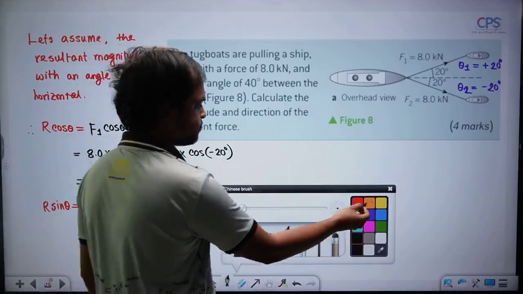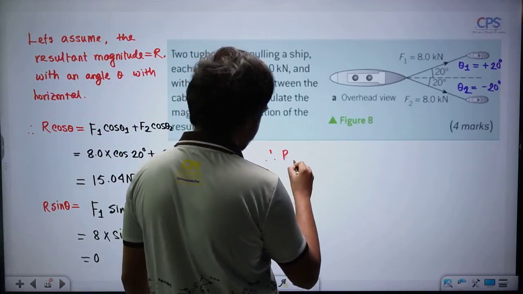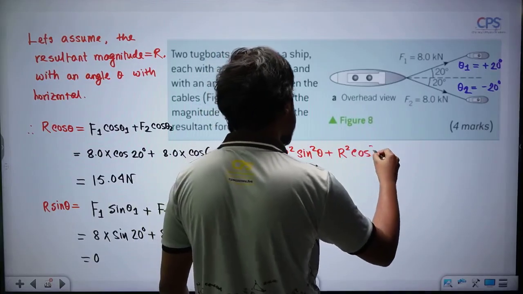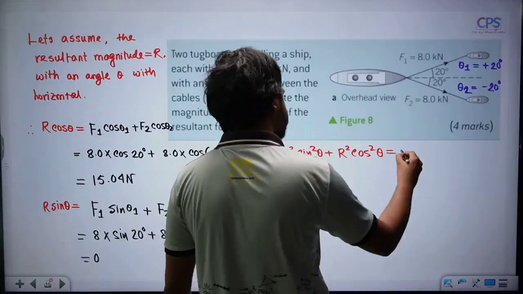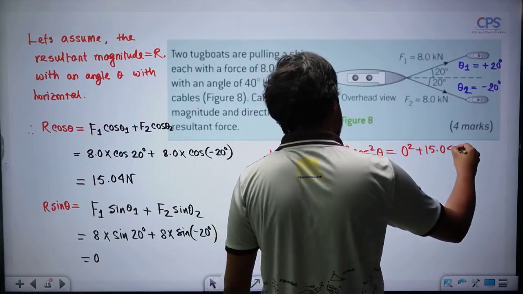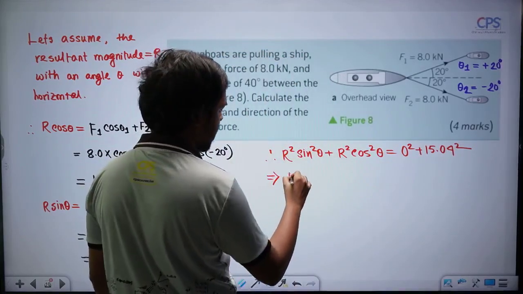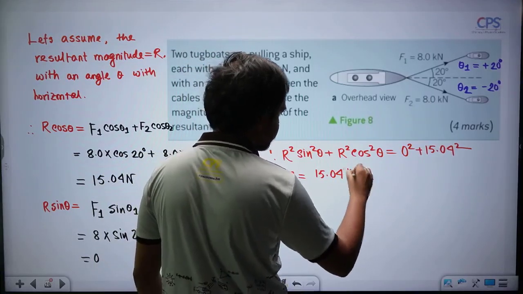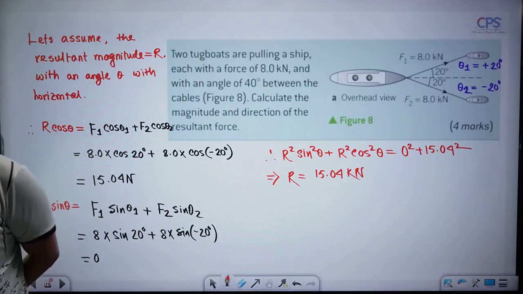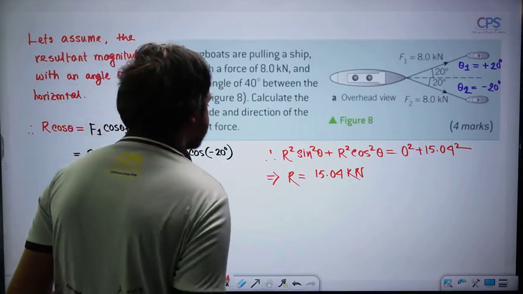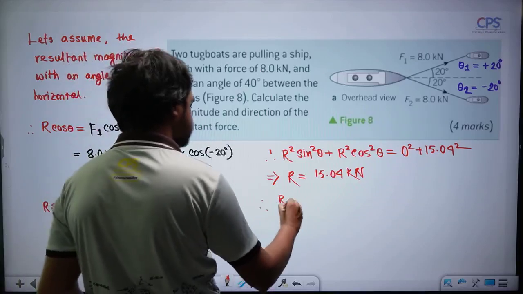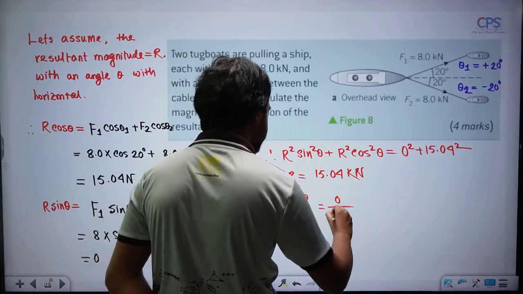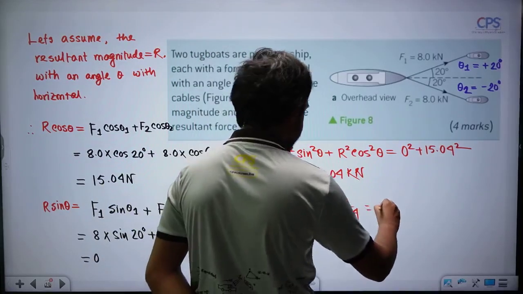So, how to get the value? r square sin square theta plus r square cos square theta equal to 0 square plus 15.04 square. From here we will get r equal to 15.04 kilonewton. Calculate this, we will get 15.04 kilonewton. And what about the direction? R sin theta by r cos theta equal to 0 by 15.04, which is 0 as well.